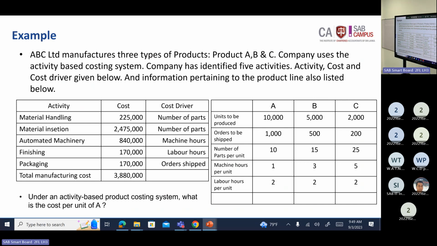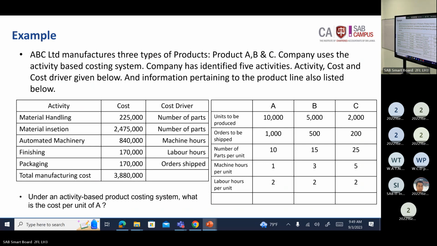ABC Limited manufactures 3 types of products and uses an activity-based costing system. The company has identified 5 activities. Activity costs and cost drivers are given below. Material handling cost is 225,000, cost driver number of parts.